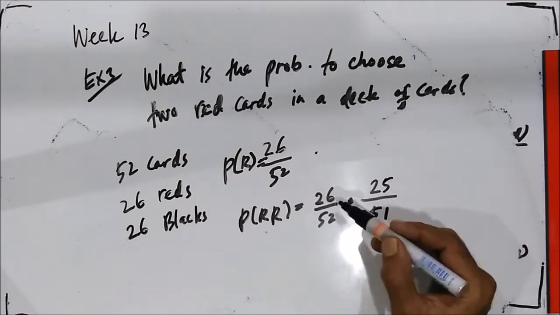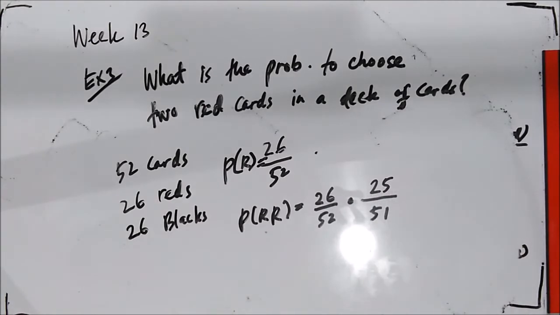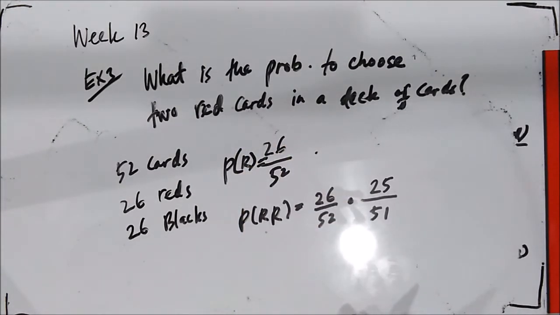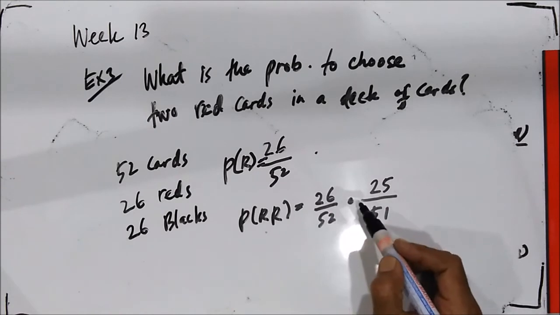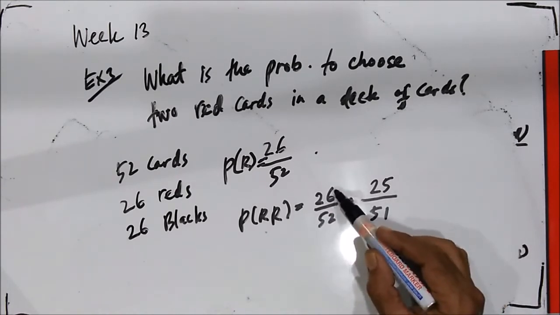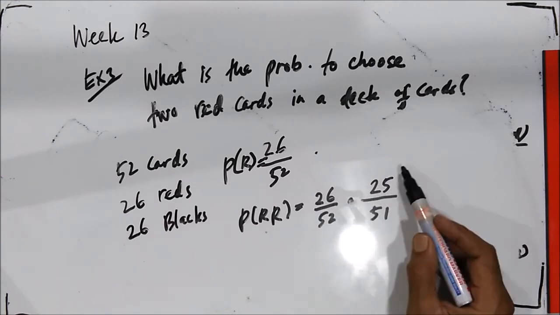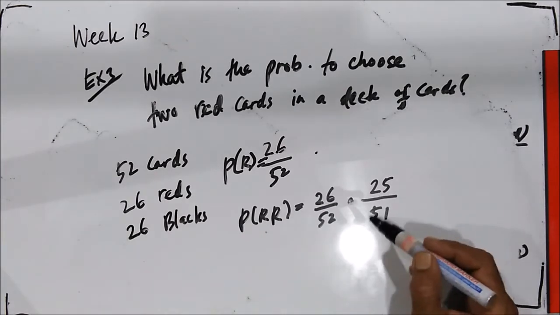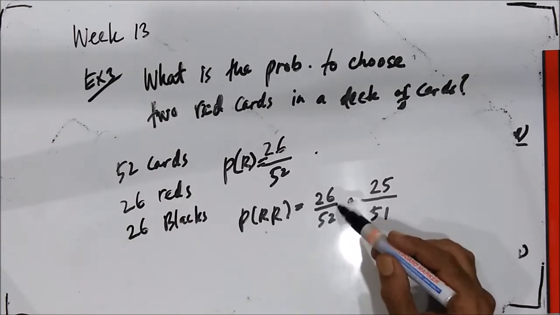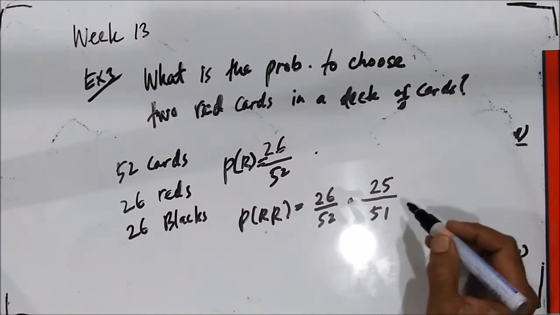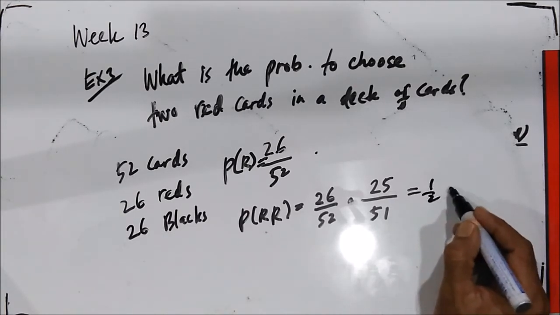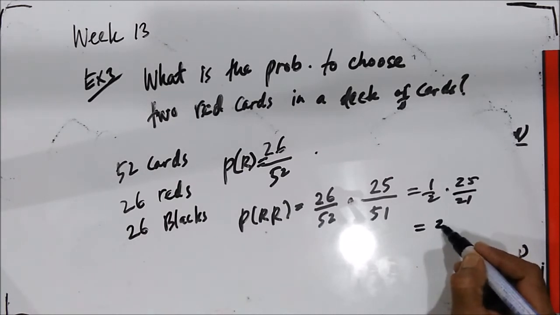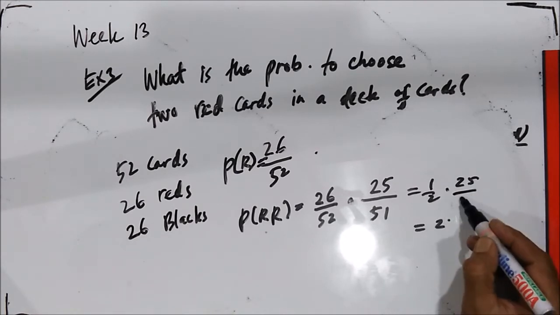So we have 26 over 52 multiplied by 25 over 51, which equals half multiplied by 25 over 51.